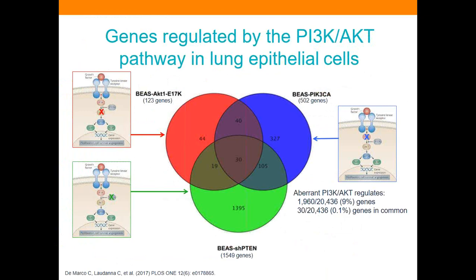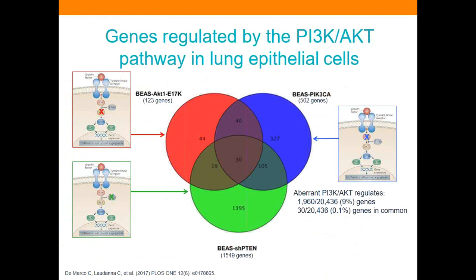And in terms of PTEN, they used a short hairpin RNA, an RNA interference moiety, to block PTEN, because these are the three most common changes that we basically target within this pathway in the cells.